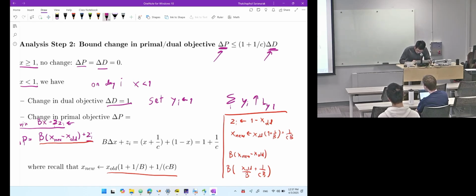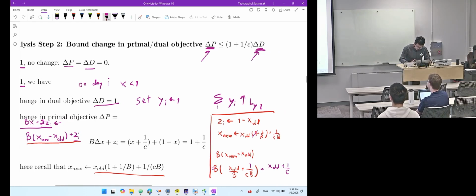Basically, this cancels with this, and this is equal to this one. So this is just x old plus 1 over c.